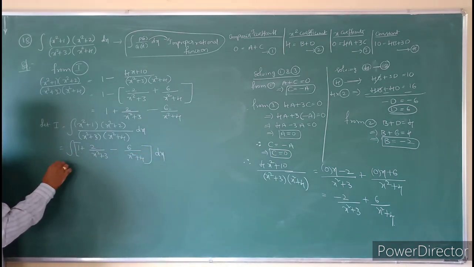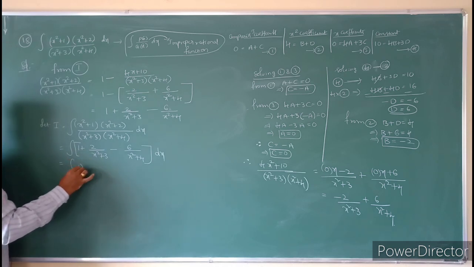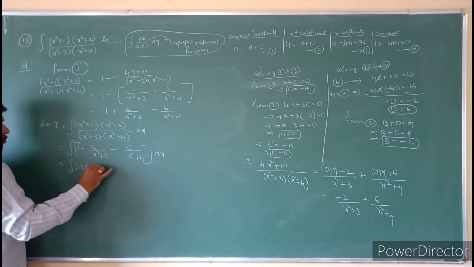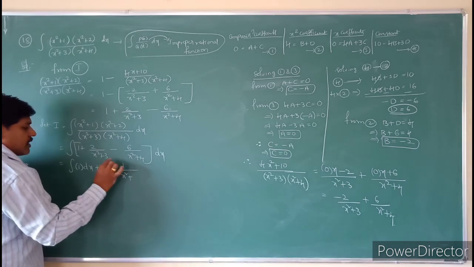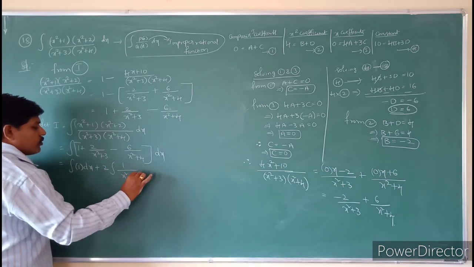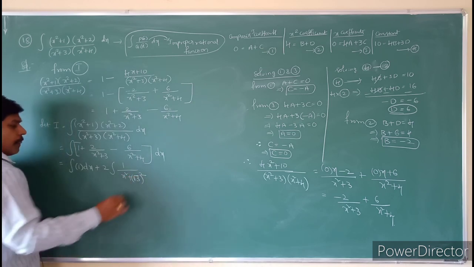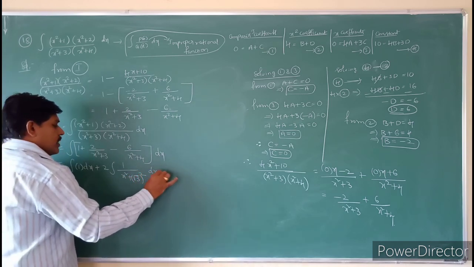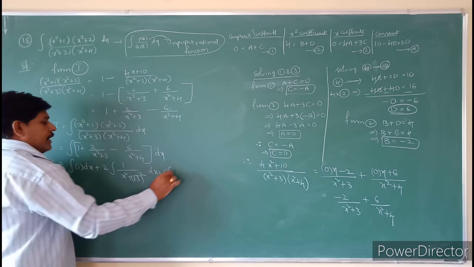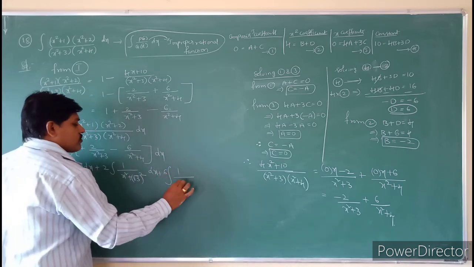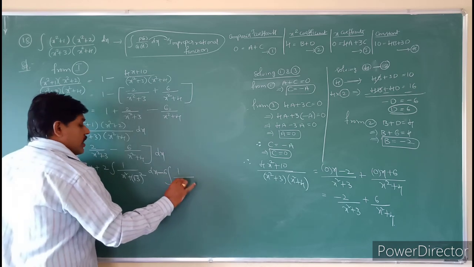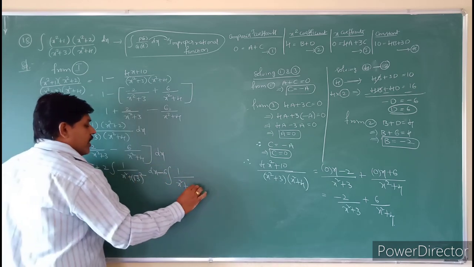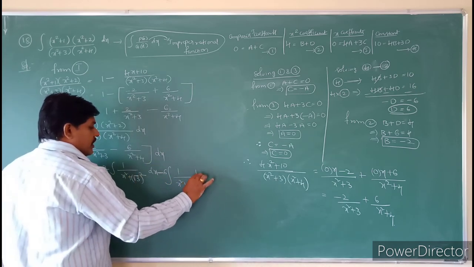So this is the integral of 1 into dx plus 2 into the integral of 1 by x square plus root 3 whole square into dx, minus 6 into the integral of 1 by x square plus 2 square into dx.